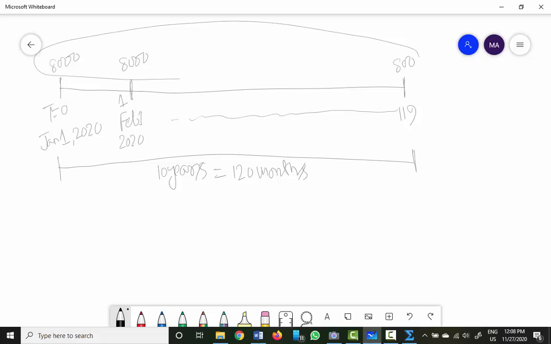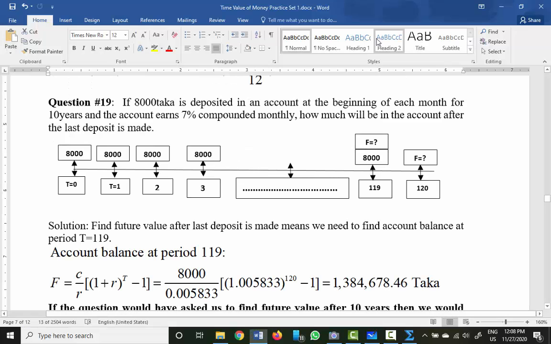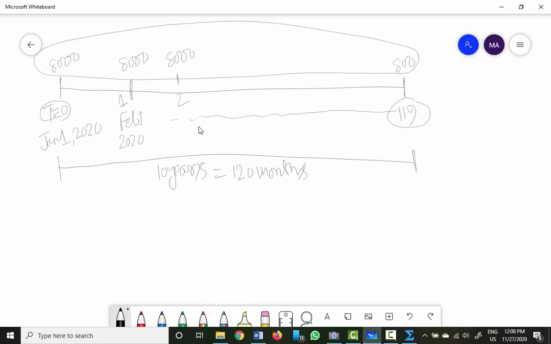Since the installment has started from period 0, it will continue till period 119, but total 120 installments. Now the question is asking how much will be in the account after the last deposit is made. So this is the period where the last deposit is made, so we need to find out the future value.